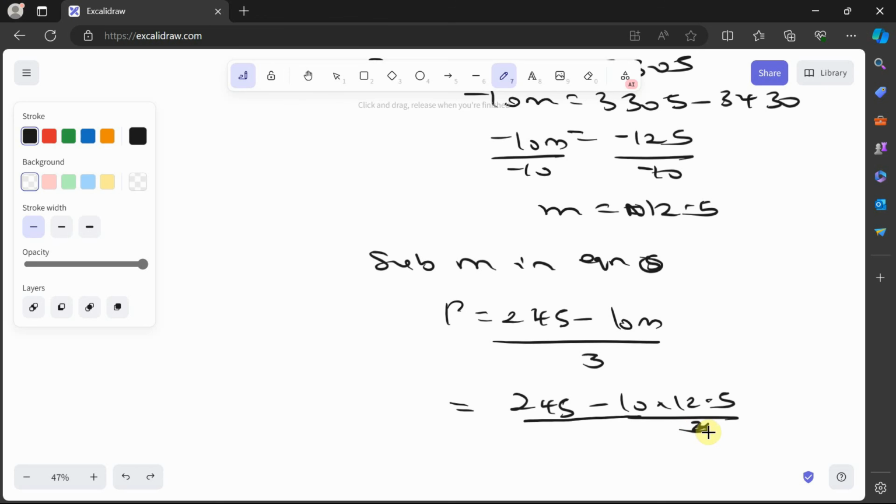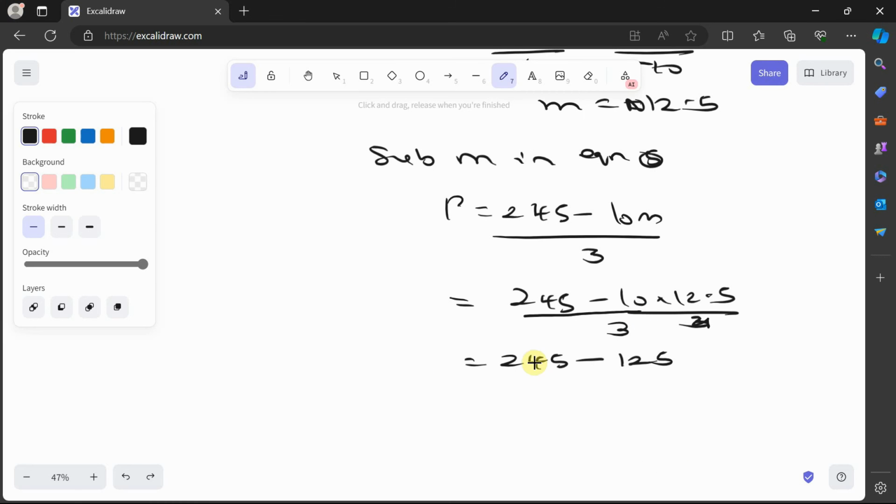So 245 minus 10 times 12.5 will give me 125. So if I divide by 3, 245 minus 125 will give me 120. So this is 120 all over 3, and that will give me 40 naira. So the price of one basket of pawpaw is 40 naira.